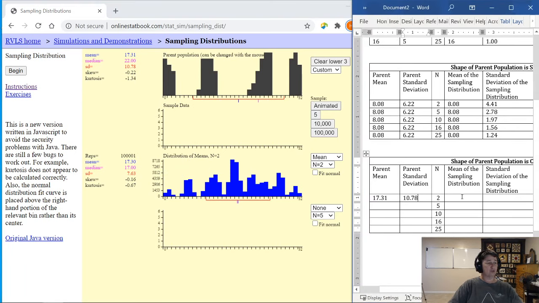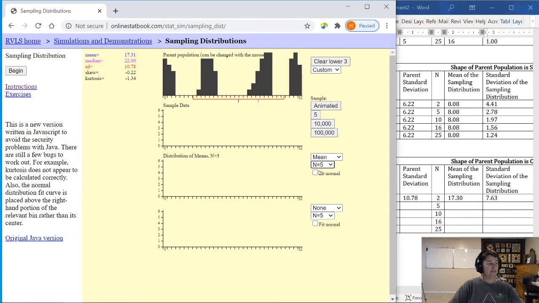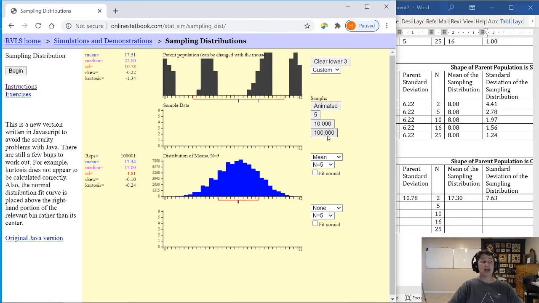So now I'm just going to record that sample mean. The mean though is still really close to its parent, and the standard deviation is 7.63. I'm going to raise my sample size to 5. So I'm now pulling out 5 of those data values and finding the mean of that. I'm going to do that 100,000 times, 200,000 times, and look at this shape.